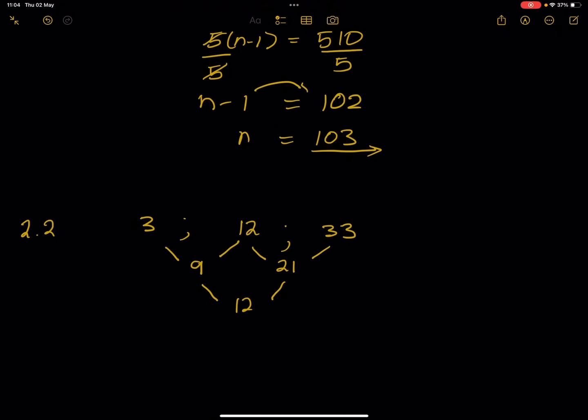So our second difference is 12. Remember that becomes a common difference. So I'm going to say 21 plus 12, which should be 33.